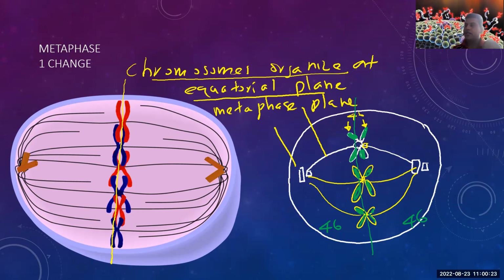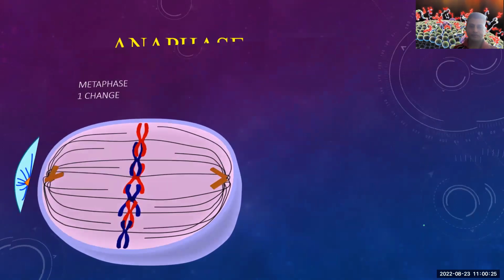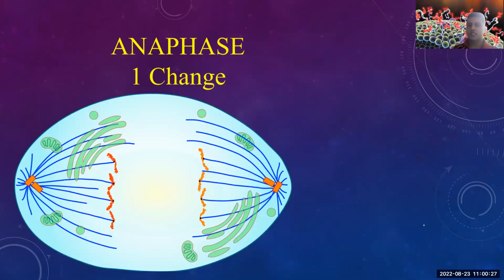Then the next is anaphase. Anaphase, again one change. What is the change? The microtubule spindles are getting shorter.